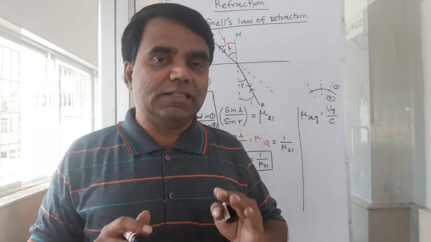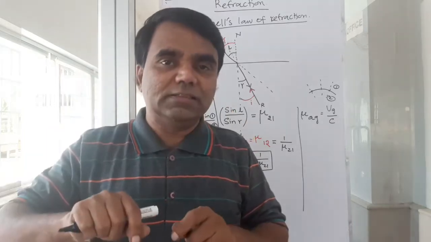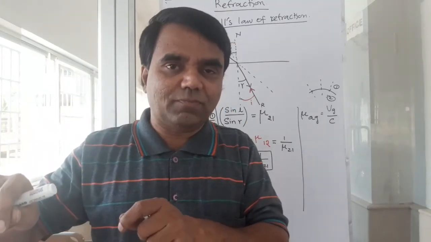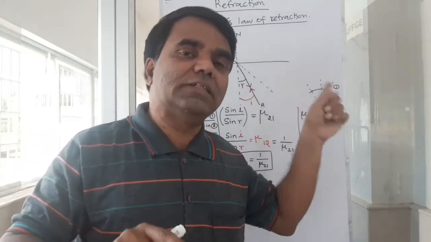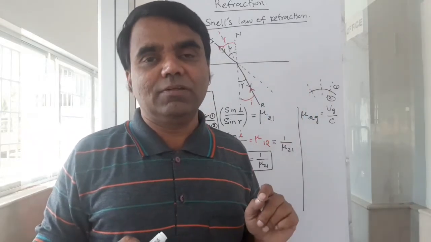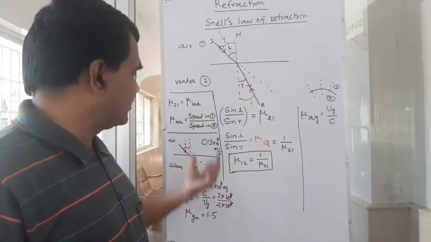So what it means is that light travels slowly in these mediums. Light travels slower in these mediums than it travels in air or vacuum. And that is why their refractive indices are more than 1.